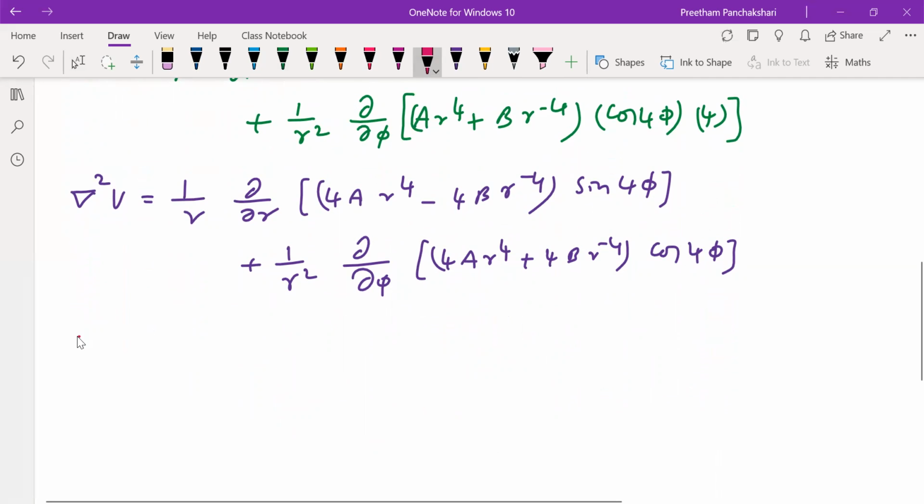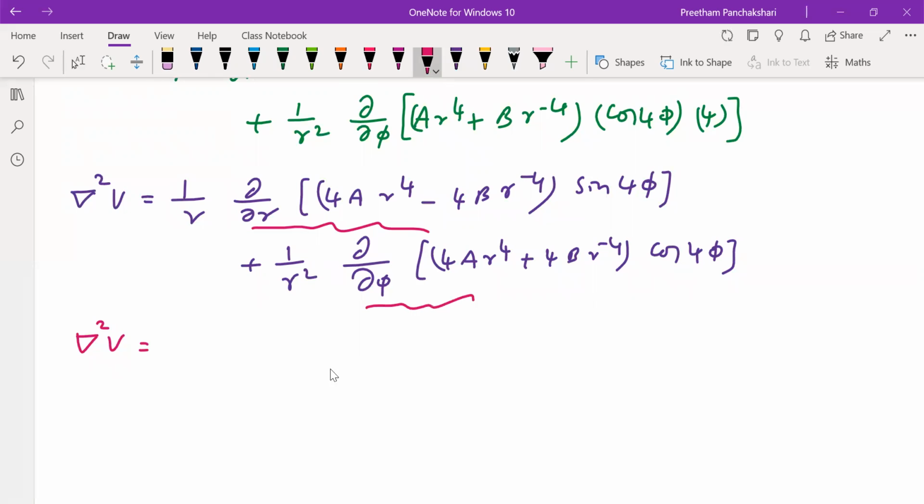Okay. So what happens in the next step? Here is another differentiation left with respect to r and here with respect to phi. So first one, 1 by r, differentiation with respect to r. So what happens? R power 4 is 4r cube. So 4 into 4, 16a r cube.